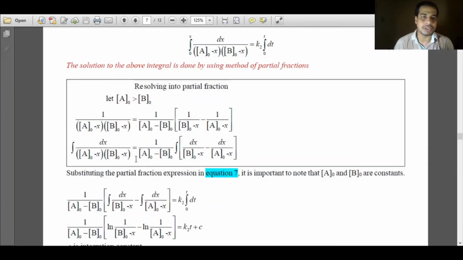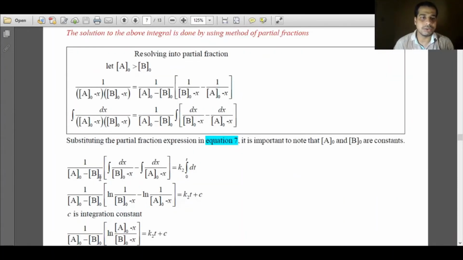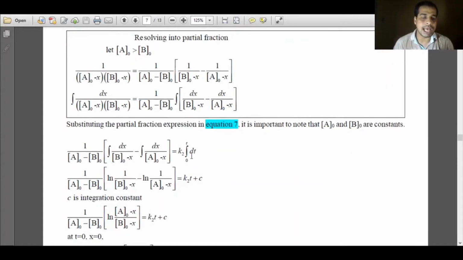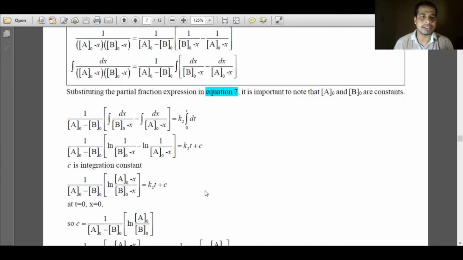Now we will substitute this expression in equation 7. In the LHS of equation 7, I will substitute the partial fraction outcome. If I do that, I will get an expression like this, and the RHS will give me time plus some integration constant.